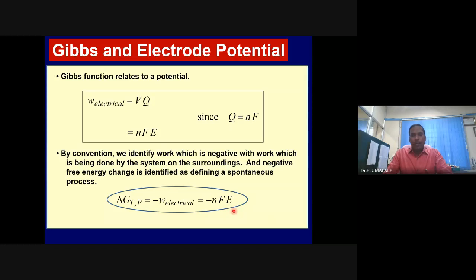So for all galvanic cells, we know that E is positive and delta G is always negative, and the reactions are spontaneous. Work is done by the battery. So when you connect your load to a battery, it does work. It delivers the work to light up a bulb or anything, any system, any load.